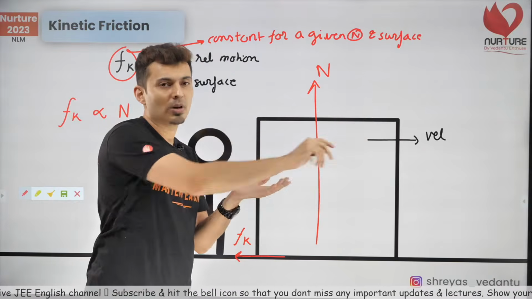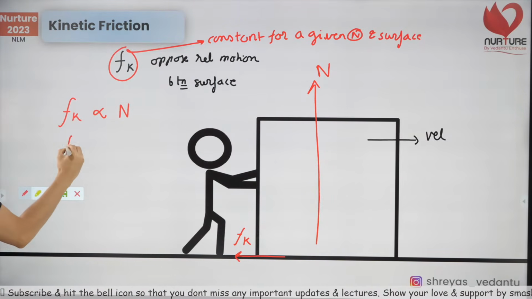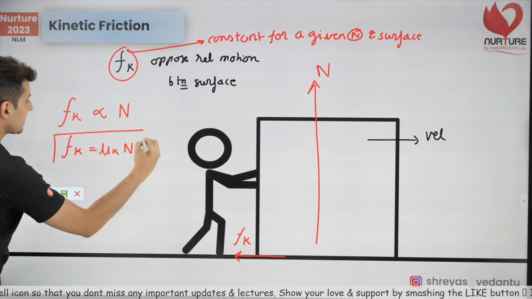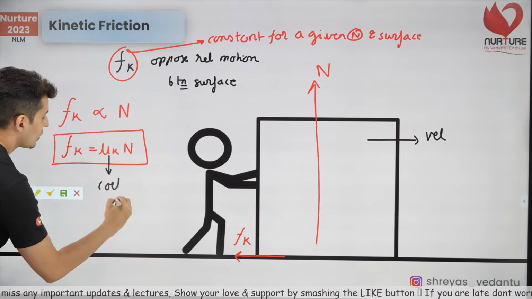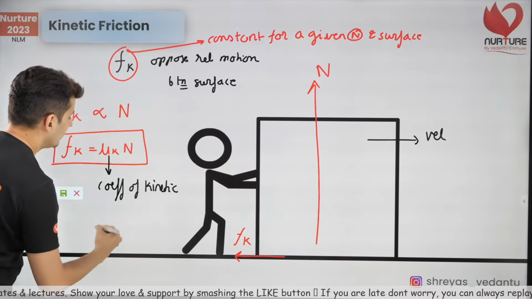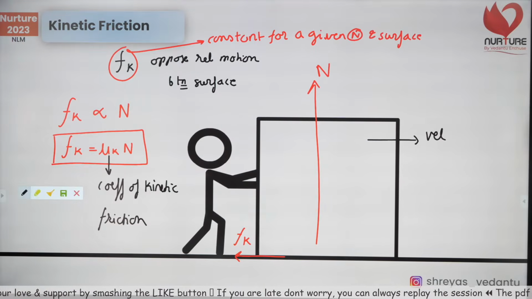No matter how much force you apply, kinetic friction will remain constant. Hence, this proportionality can be written as mu k into N. This mu k is nothing but, can you guess what it will be called? It will be called the coefficient of kinetic friction. Okay, very, very simple.